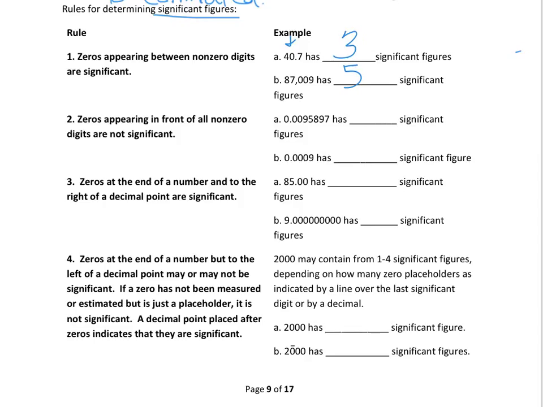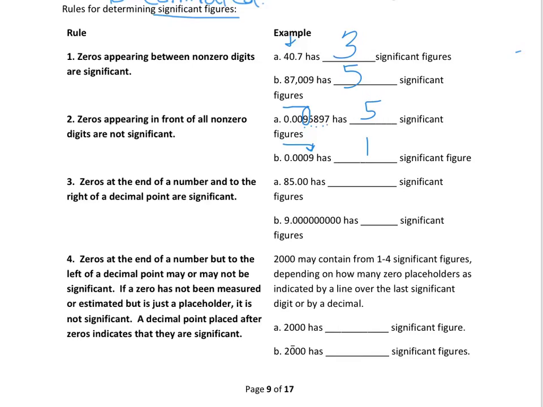So you're going to go all the way over until you hit an actual number and then count after that. So you'll have 1, 2, 3, 4, 5 significant figures. This one you're going to go all the way over, and that's going to be your first non-zero digit, and therefore you just have 1 significant figure. The next one deals with zeros at the end.